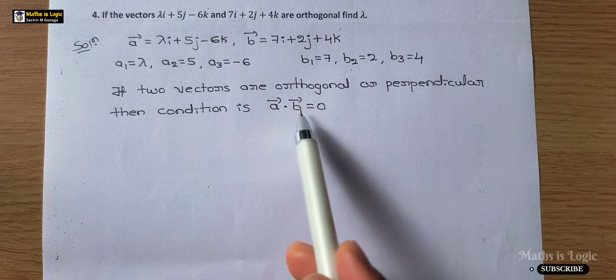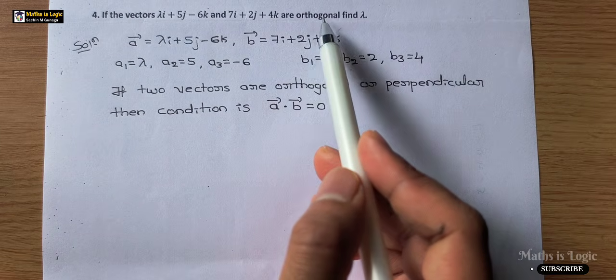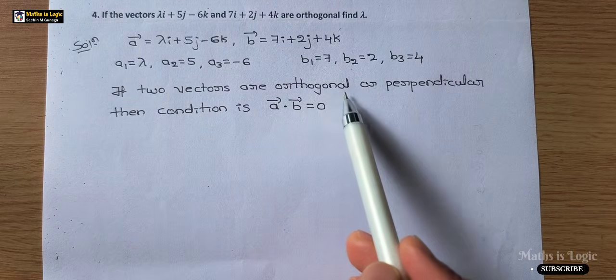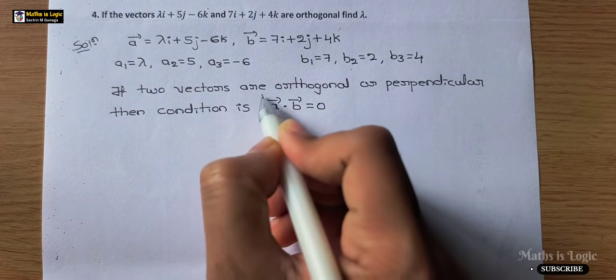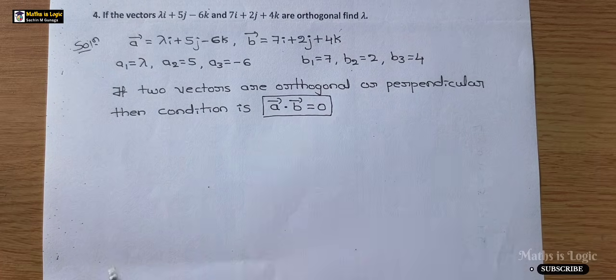Next, write the condition. What is that? Here what they are telling, two vectors are perpendicular or orthogonal. Therefore, if two vectors are orthogonal or perpendicular, what is the condition? A vector dot b vector value always goes to 0.